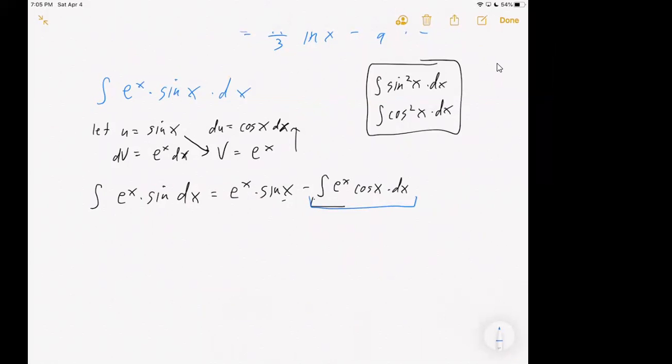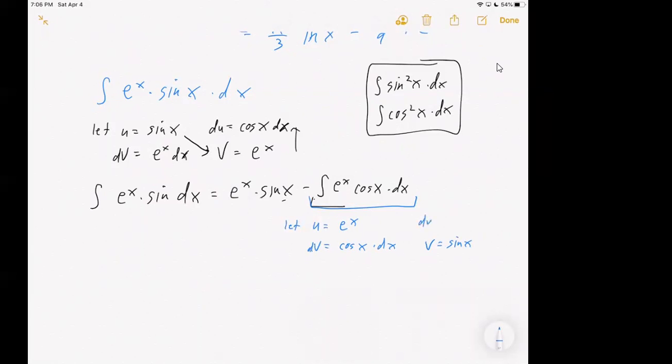So if I start this as a separate problem, I can let u and dv, this time I think I'd rather integrate cosine of x, and I would rather differentiate e to the x. E to the x doesn't matter which way it goes. But the antiderivative of cosine is just a sine, so I would rather have that.